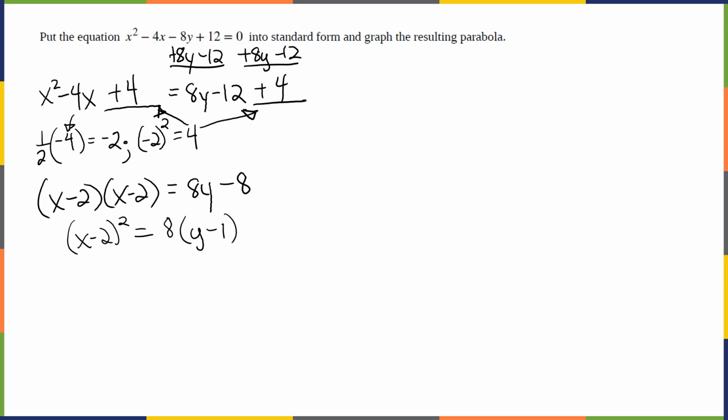Now we are in standard form. So this was the first part of the question, to put the equation in standard form. So we have accomplished that.